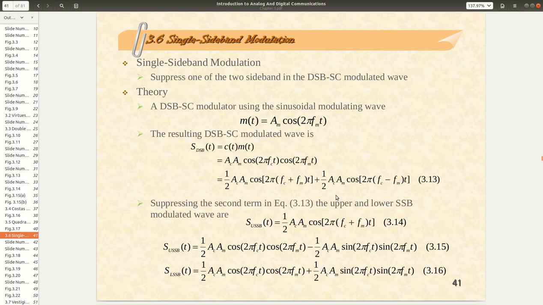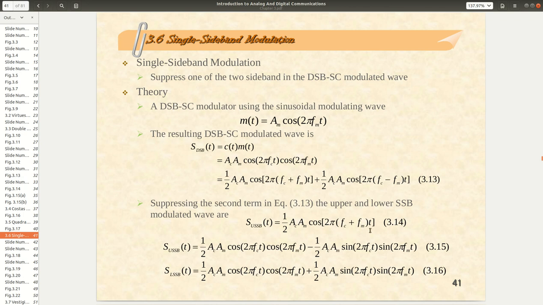This is the two sideband, and we only want to send one sideband, so we suppress one, and we only have one sideband. For example here, this is the one sideband at fc plus fm, and we will recover it again.